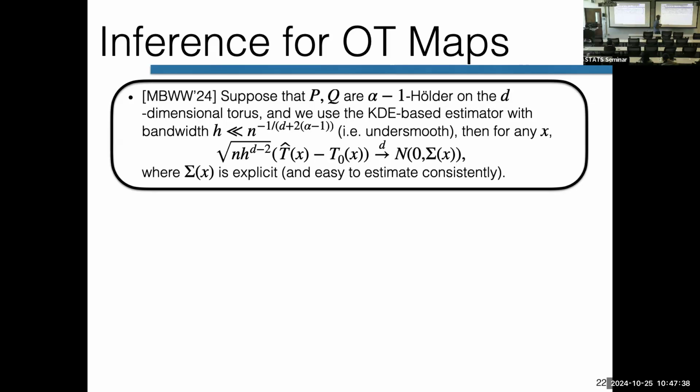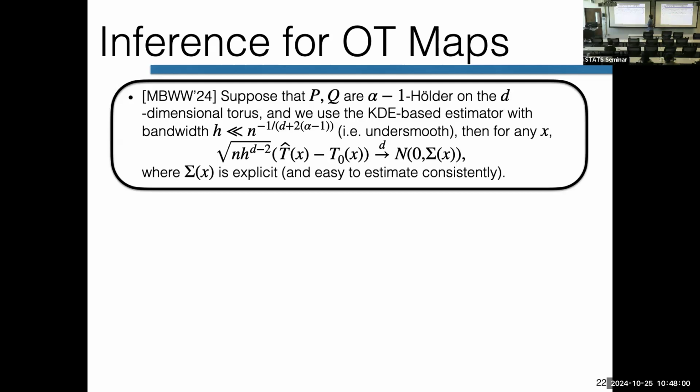Something similar happens here. If you're trying to estimate a transport map, you can use this KDE type plugin estimator, but you need to pick a bandwidth slightly smaller than the correct bandwidth. When you do so, and you scale things the correct way, you will get some centered quantity. The variance is easy to estimate, so you can construct a confidence interval.